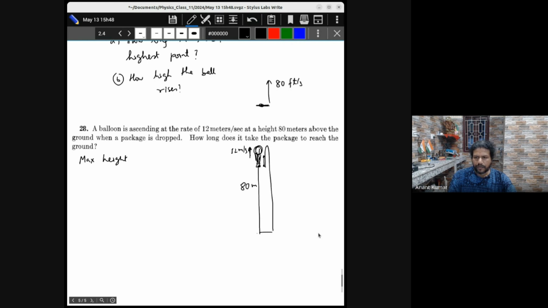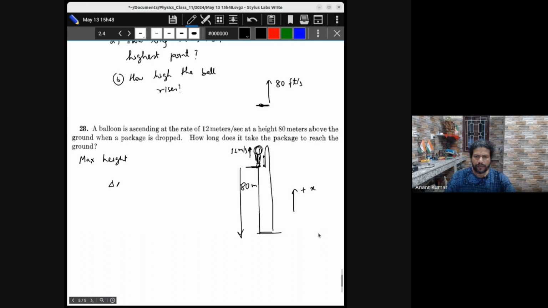So we can find out the time directly, without separately considering the part of the motion where it is going up. If I take the upward direction as positive, g is negative, and the displacement is negative too.